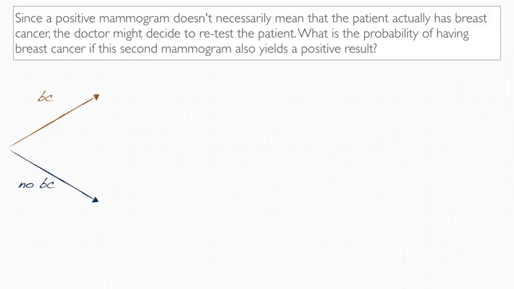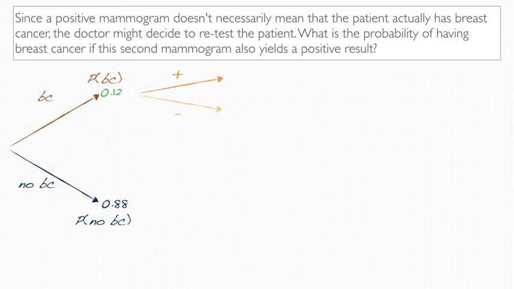So we have some additional information about them, and we should update our prior with this additional information. In other words, we plug in the posterior from the previous iteration, the previous test, to be our new prior. And therefore, the probability of not having breast cancer is updated to be the complement of this, 88%.